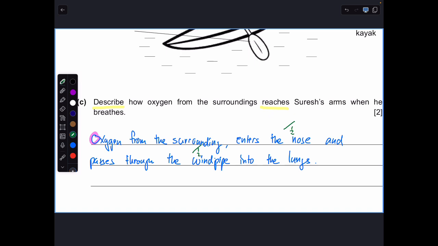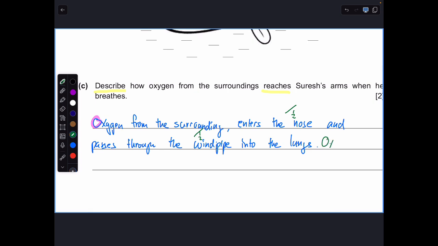Then after that, what happened? From the lungs, then the story must continue. It becomes circulatory system already. So you will say oxygen will then pass and dissolve into the bloodstream. Okay, bracket blood. You can do that. So bloodstream is talking about the flow of your blood.